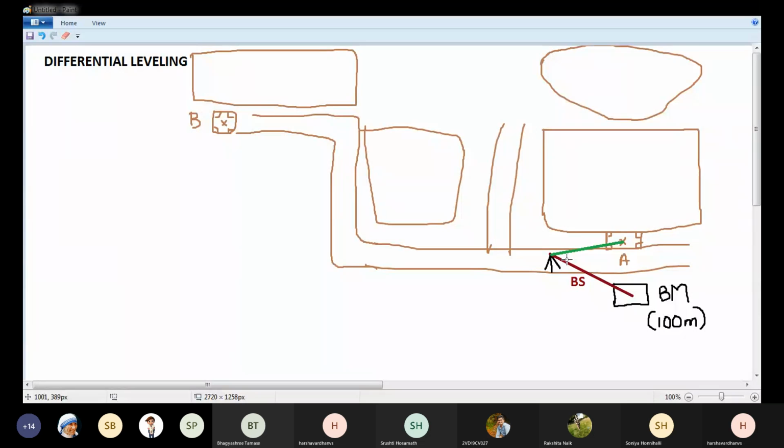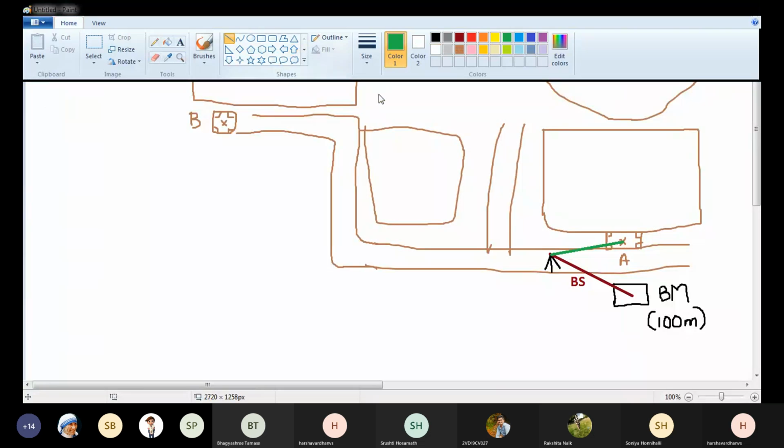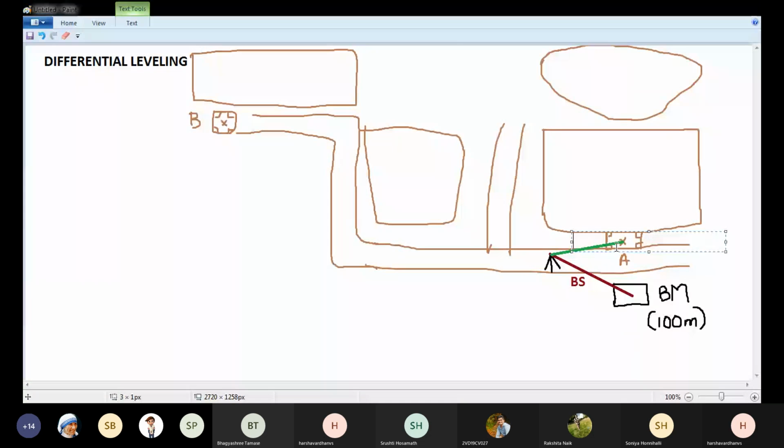So staff reading taken on a point whose elevation is unknown can be a foresight or it is intermediate sight. Now, this particular reading is intermediate sight.